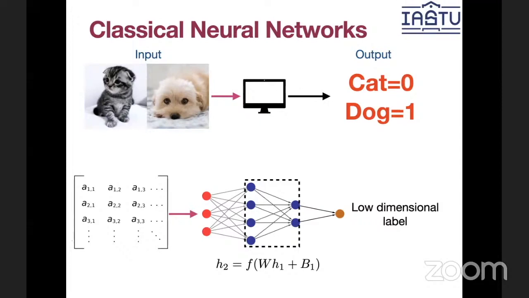Basically, in supervised learning, the neural networks extract the information from very high dimensional vectors or matrices and encode the information to a low dimensional output. The target is to optimize the parameters in the neural network, such as the W or the bias B, to make the output as close to the label as possible.